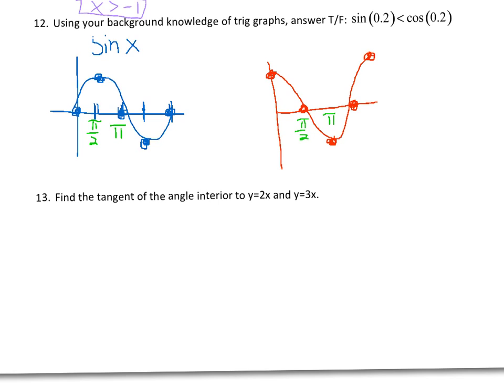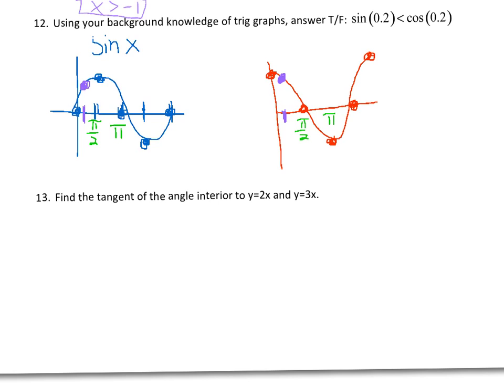So 0.2 is pretty close to 0. Up here somewhere would be the value of 0.2 for sine x, and up here somewhere would be the value of 0.2 for cosine of x.